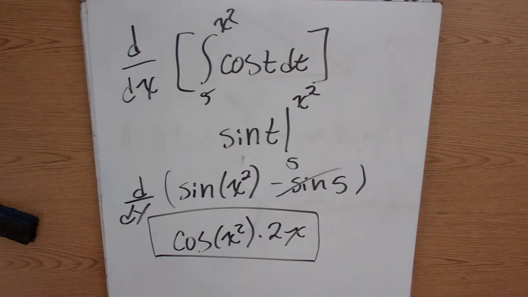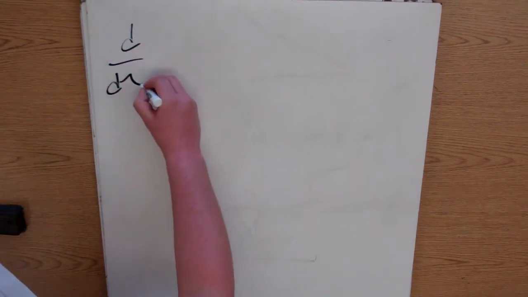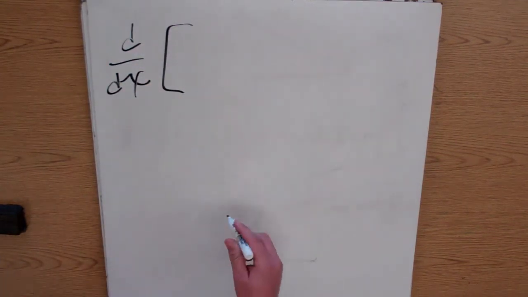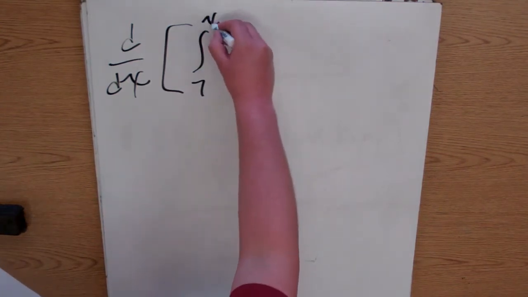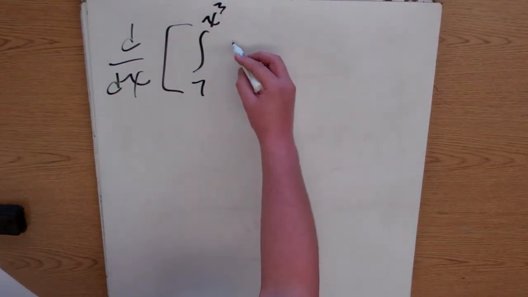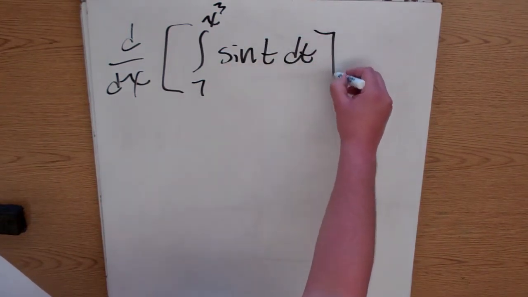Let's look at one more example involving sine. I'm going to do this the shortcut way, and we're actually going to do 2 more examples. d over dx of the integral from 7 to x cubed of the sine of t dt.